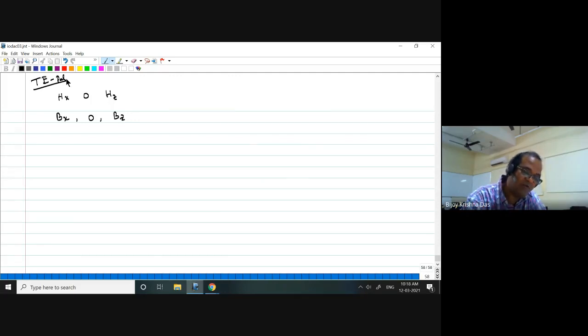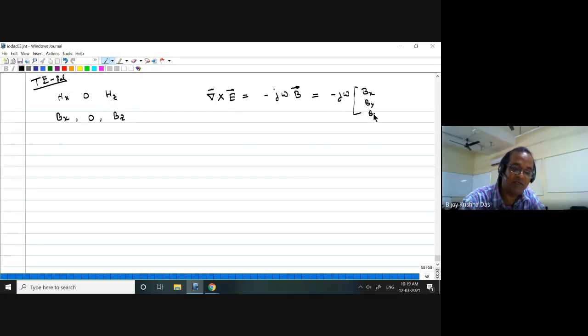So for that, we take help of this expression: curl of E equal to minus del B del t, which is minus j omega B. If I write it in vector form, with 3 components, I can write something like bx, by, bz.